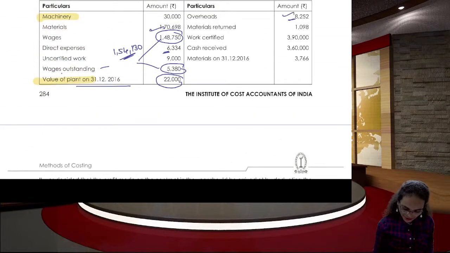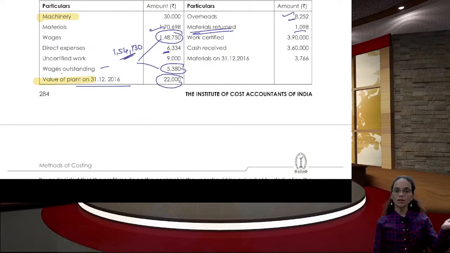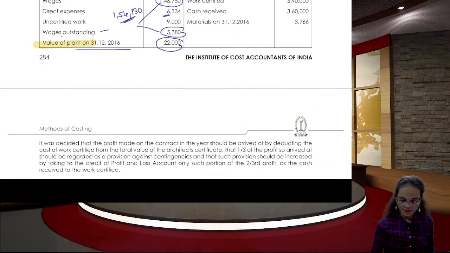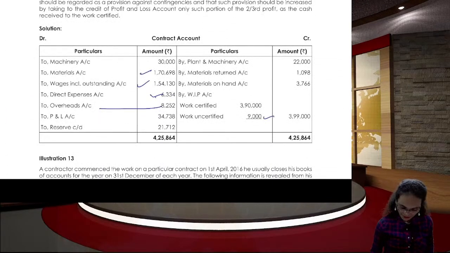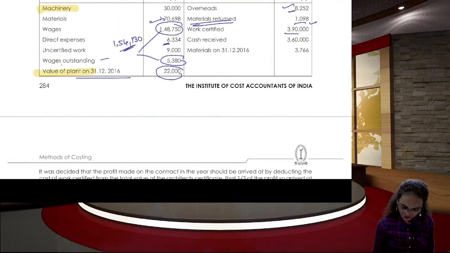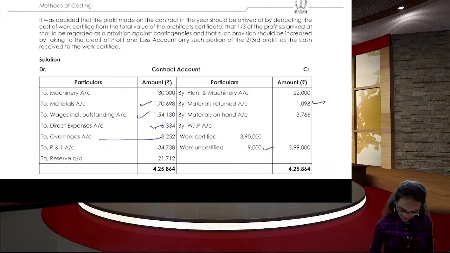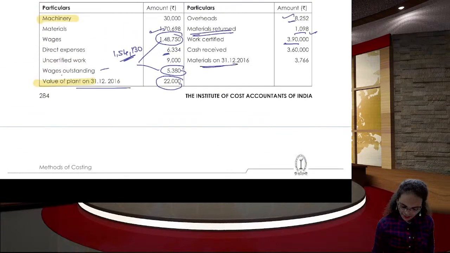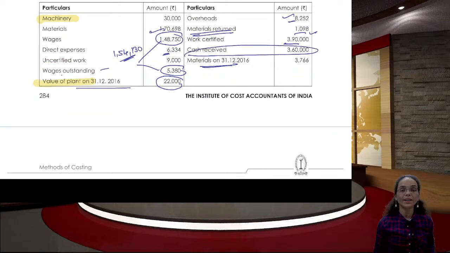Done. Material returned to the stores or maybe to another contract, 1,098. Work certified 3,90,000. Cash received we will not write in the contract account.